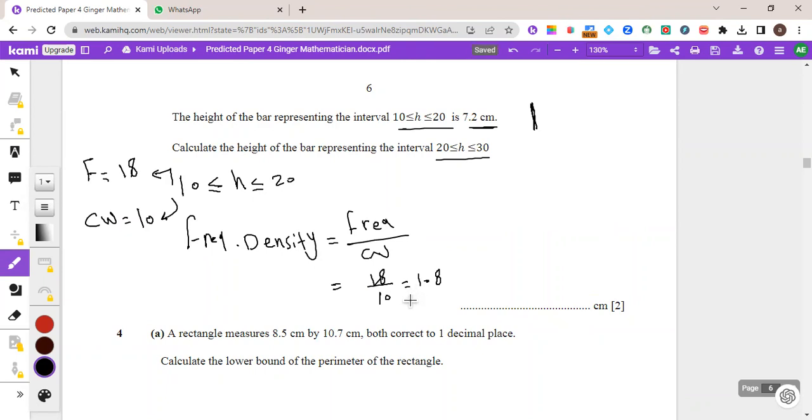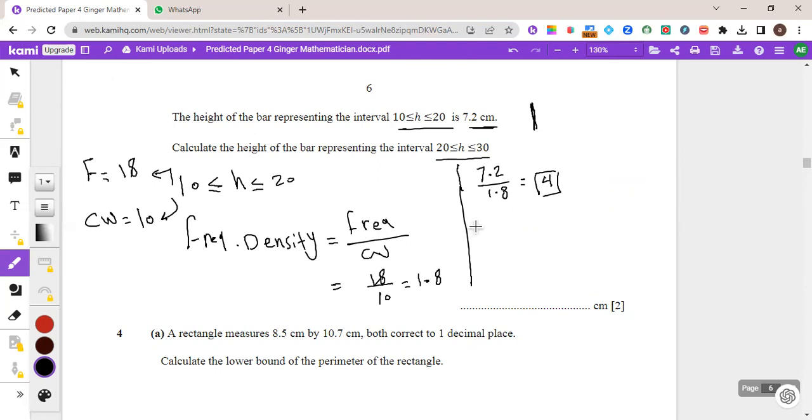1.8. Okay, how can I make 1.8 to be 7.2? Multiply by 4. If you make a ratio, now make a ratio. Divide 7.2 by 1.8 equals what? 4.